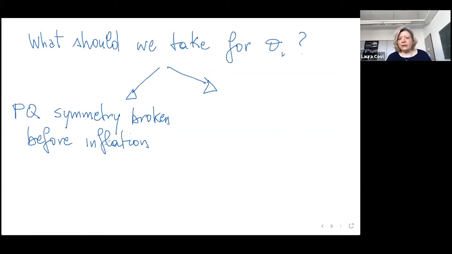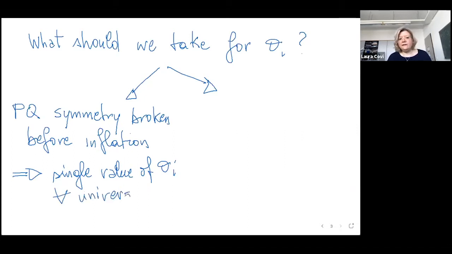But when you start inflating one particular patch, which is very small, in this patch you can assume that theta_i takes one constant value, and this patch is then inflated to contain the whole universe. So in that sense, you have a single value of theta_i for the whole universe.